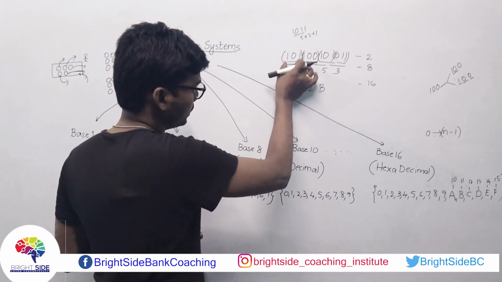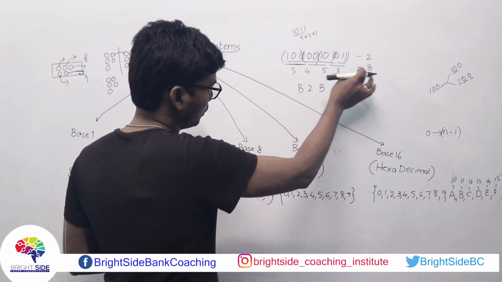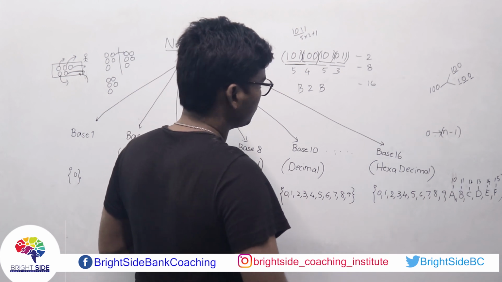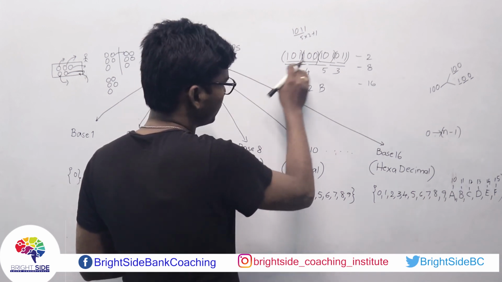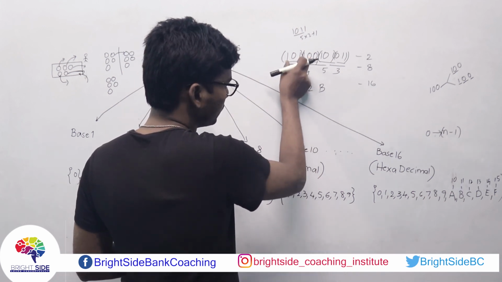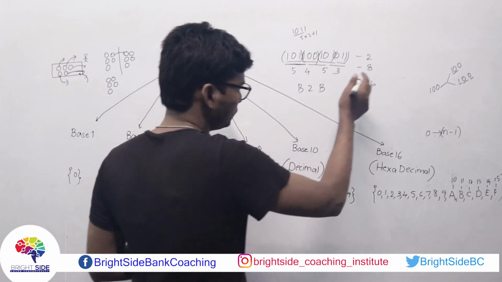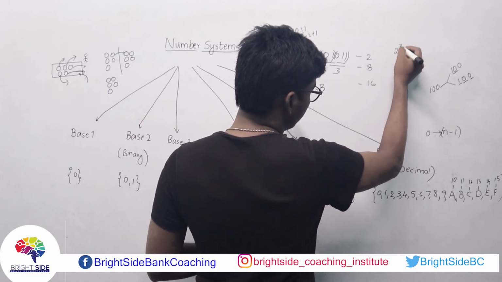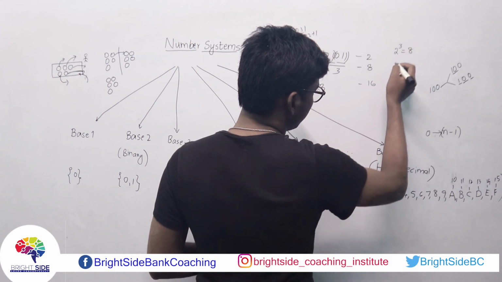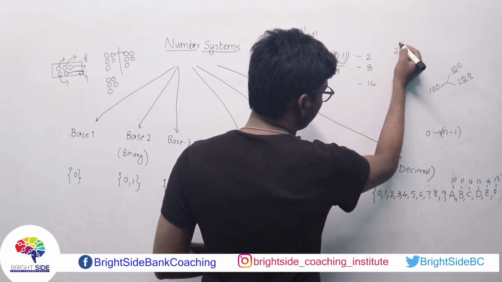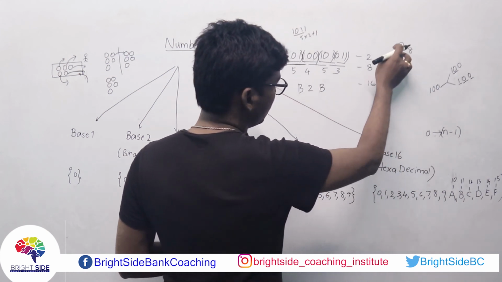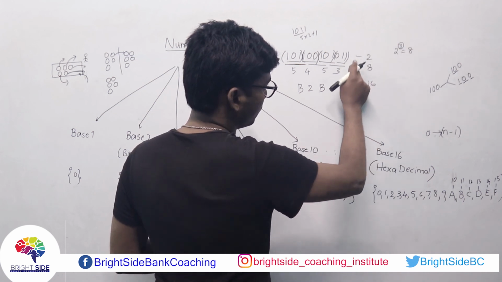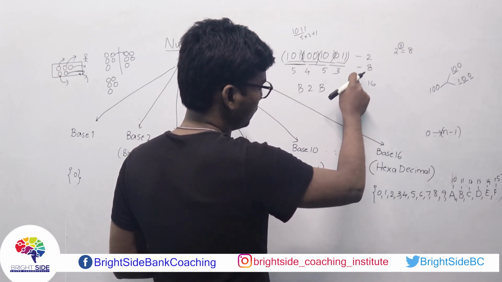If you group 3 digits at a time, then you will get this number in the octal number system. Why do we group into only 3 at a time? Because 2 power 3 is 8. If you group 3 bits at a time, that converts your binary number to octal.